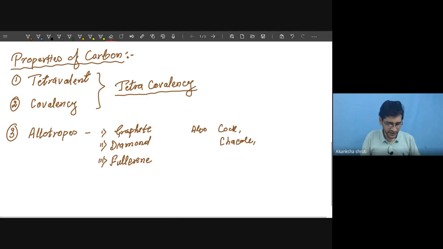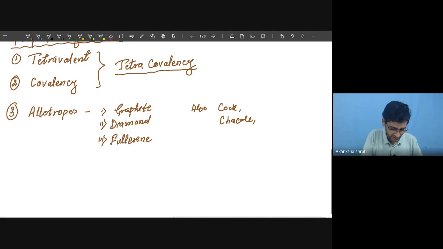The next property. We will learn about everything, graphite, diamond, fullerene, in more detail. Another important property: carbon can combine with other carbon to form a long chain. That is the most important property.